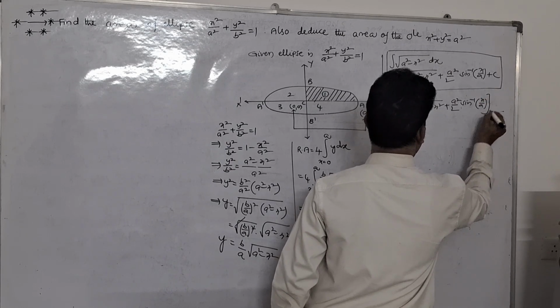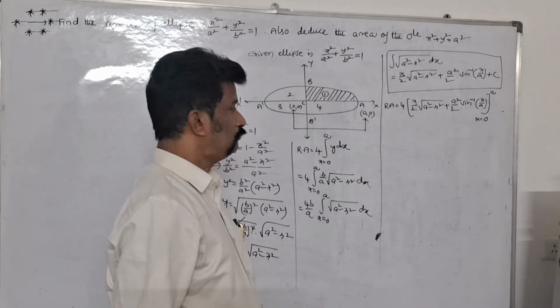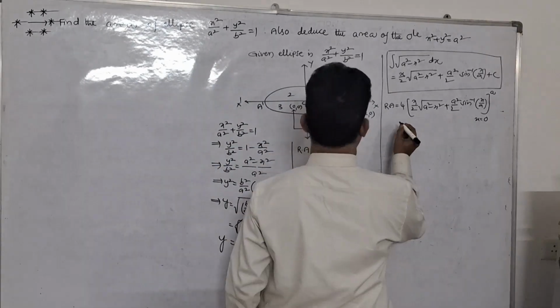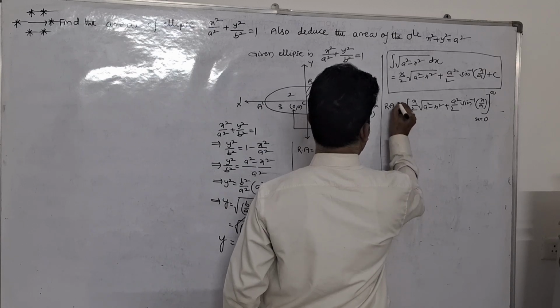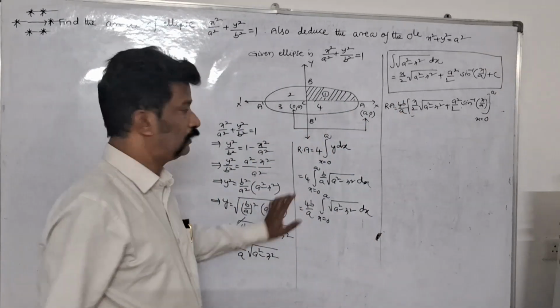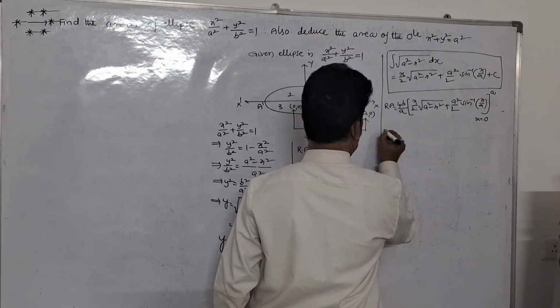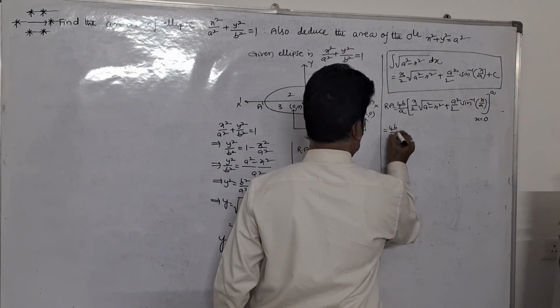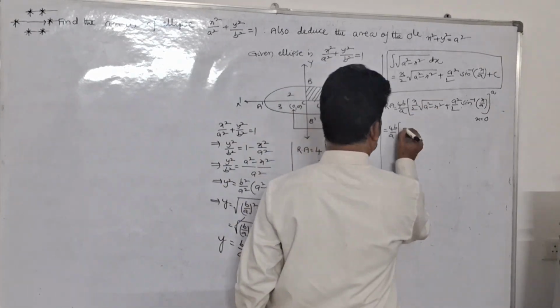Actually, the limits are 0 to a. This is 4b by a, not 4. So this implies 4b by a into the upper limit, where the upper limit is equal to a.